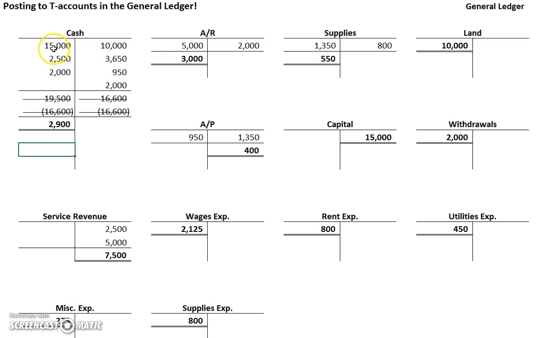We would just go from posting all the cash transactions, all the debits and credits, and then we would just calculate one final balance. It is very critical that you leave the balance over here on the debit side because we had more debits than credits. This shows that we have a debit balance of $2,900 in the cash account.